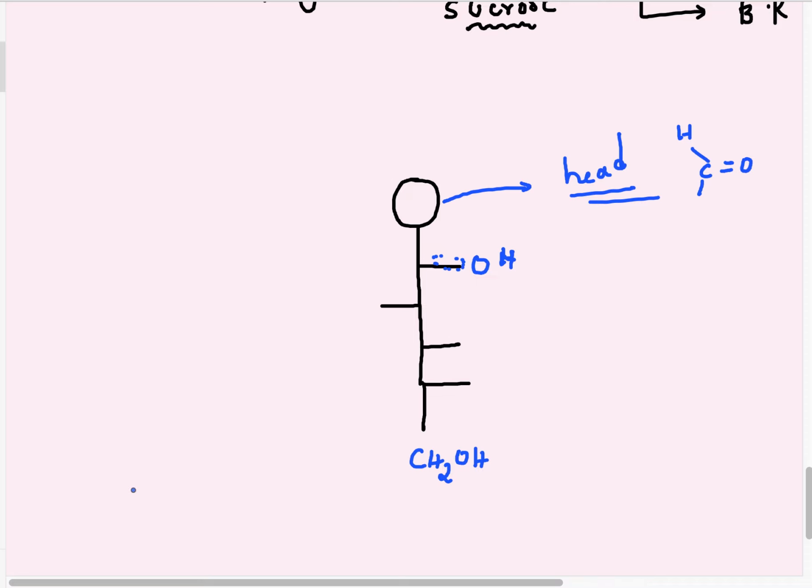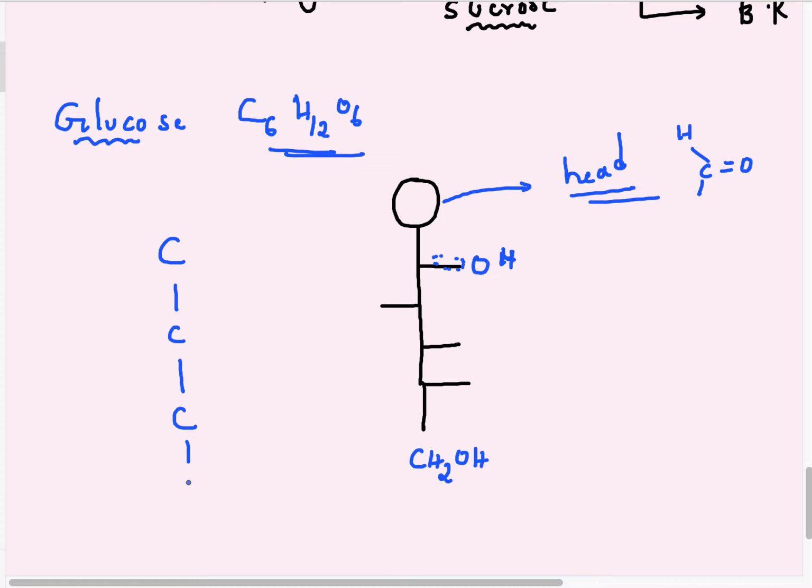Can we write now, students? What is the glucose molecular formula? C6H12O6, right? So now look into this. How many carbons do we have in hand? Yes, 6 carbons: 1, 2, 3, 4, 5.